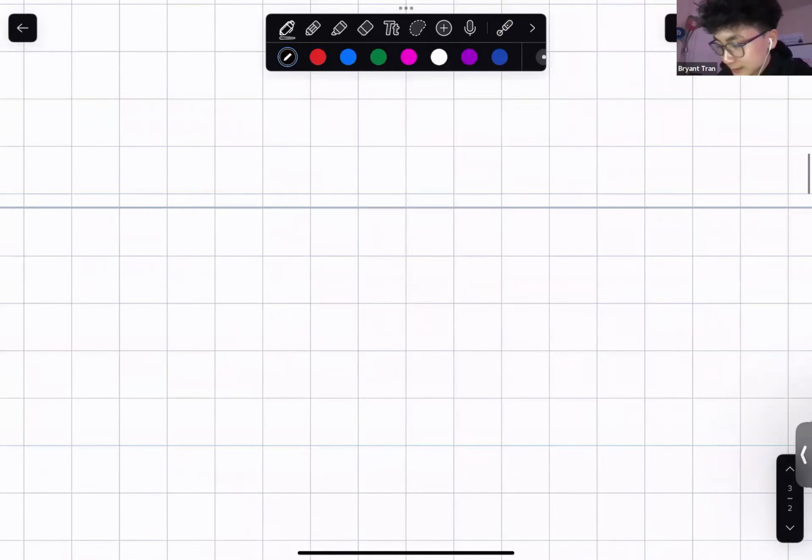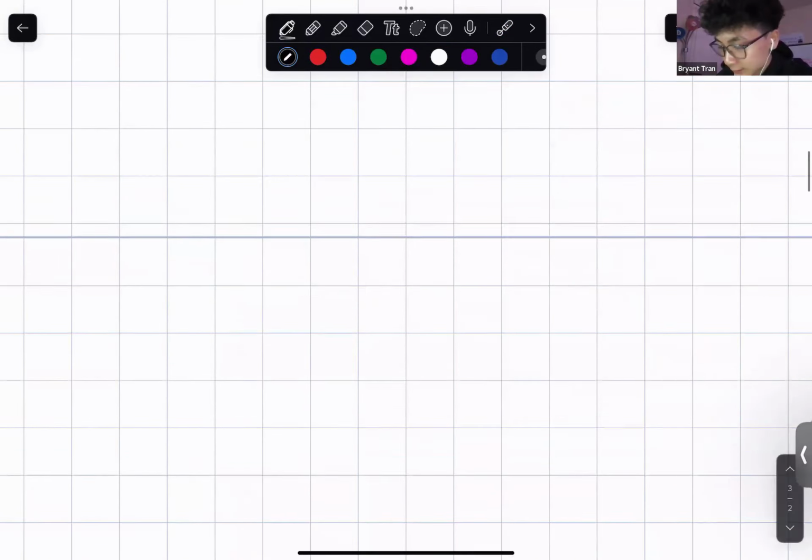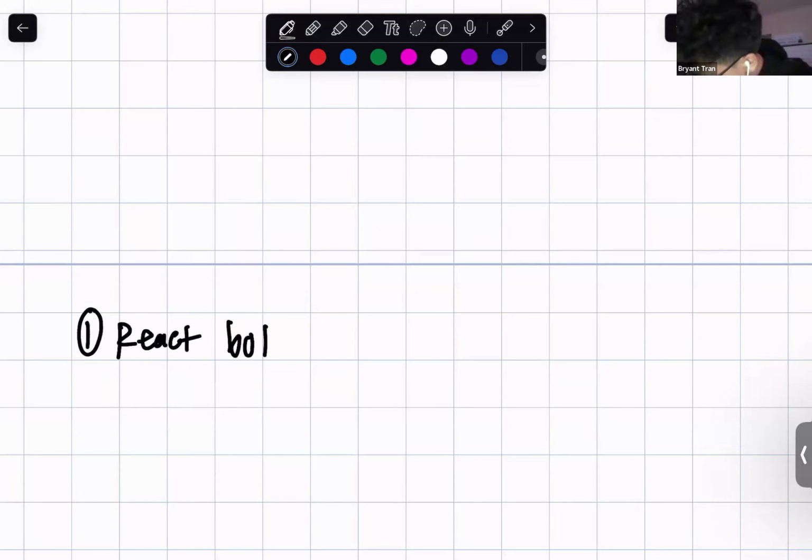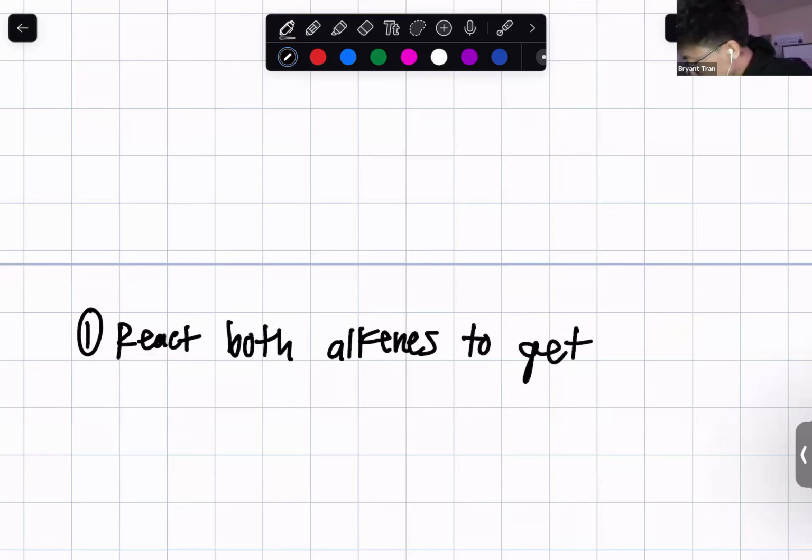If I were to make a step-by-step process for this reaction, the very first thing I would do, either visually or on paper when you're first practicing this, do it on paper, is react both alkenes to get two resonance sets.